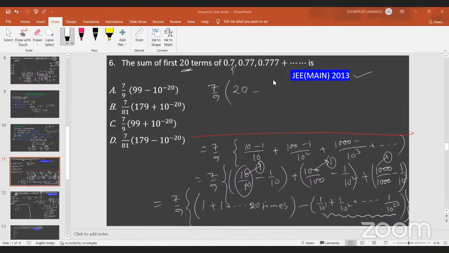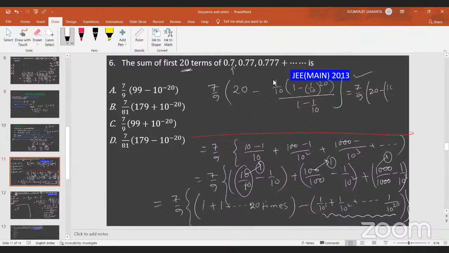So if they are forming GP, we can use the formula, that is nothing but A into 1 minus R to the power n divided by 1 minus R. A is nothing but here 1 by 10, R to the power n is nothing but 1 by 10 to the power 20, divided by 1 minus 1 by 10. 1 by 10 cancelled.